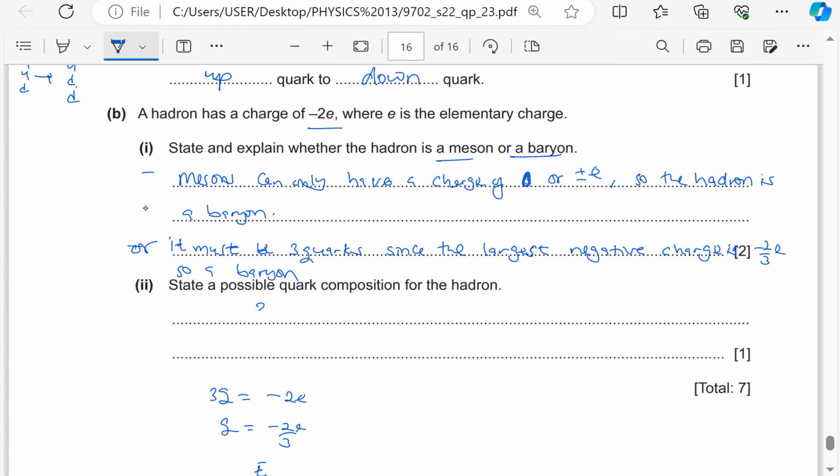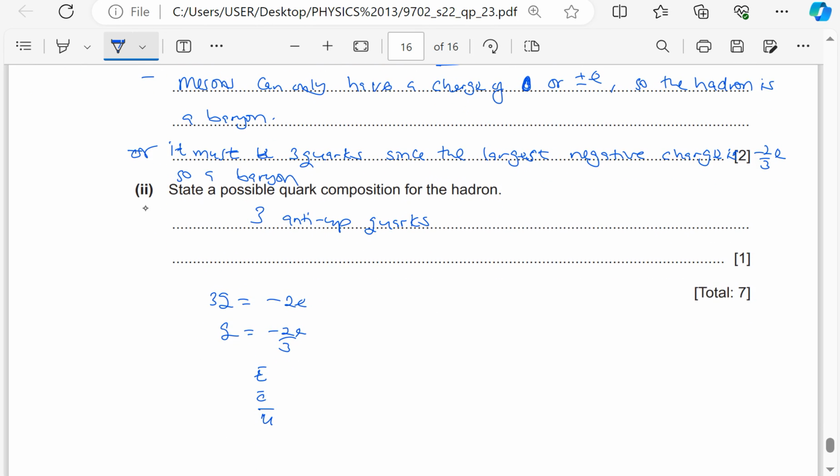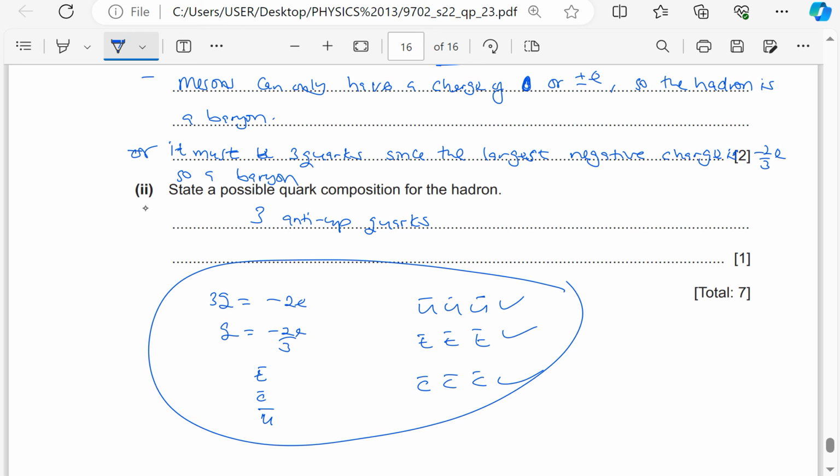So there are 3 anti-up quarks, or you can write 3 anti-top, or 3 anti-charm. Any of these is a correct answer to this question, or I can just say 3 anti-up quarks, 3 anti-top quarks, 3 anti-charm quarks, any of those. Not all of these. You just write one of them.